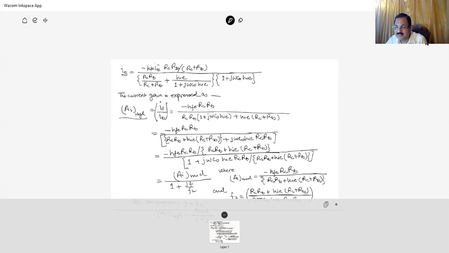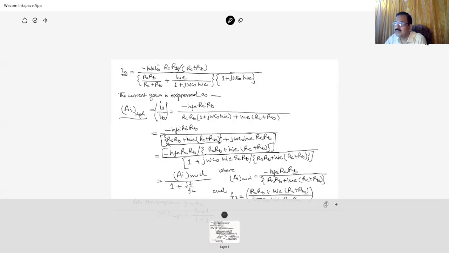Simplify this expression, we have HFE into RC into RB divided by this part. This whole part is the common factor. And if we take this common factor out, then this numerator is converted into the denominator of this part, and here it is 1, and this whole thing is divided by j omega C0 HIE RC RB.